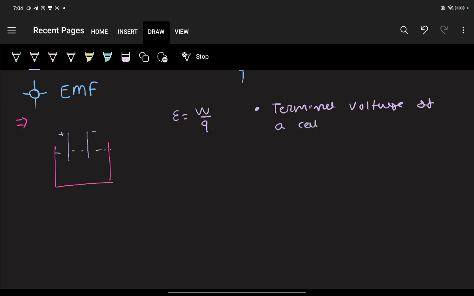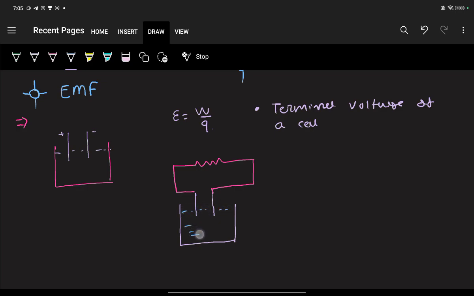So when current is drawn from a cell, let's construct a cell. These are the electrodes, and let's say these electrodes are connected with an external resistor, or you can say a circuit. So right now current is flowing through this circuit, right? This is the electrolytic solution.